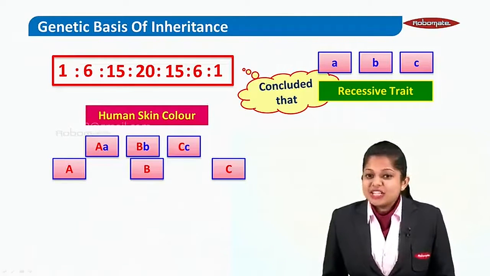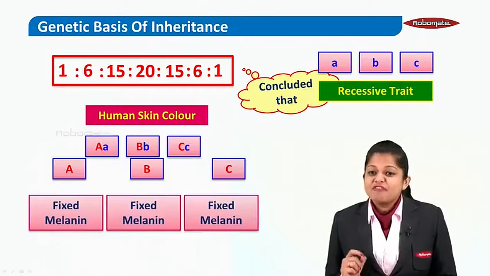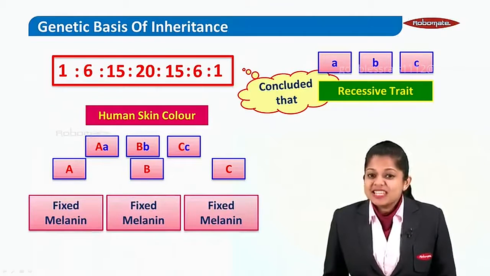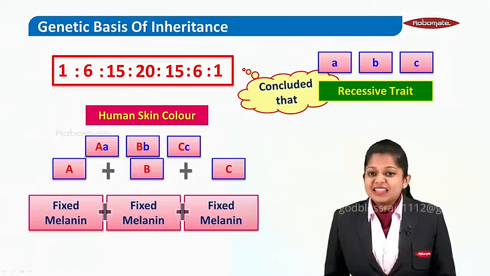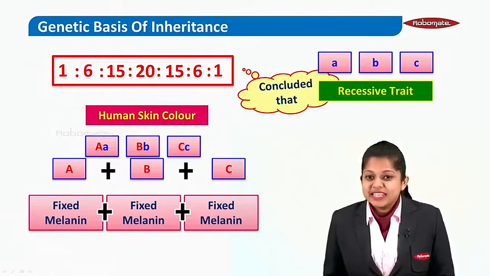The dominant alleles secrete a fixed amount of melanin, and whatever skin color is exhibited as the phenotype is the cumulative effect of all of these alleles or genes.